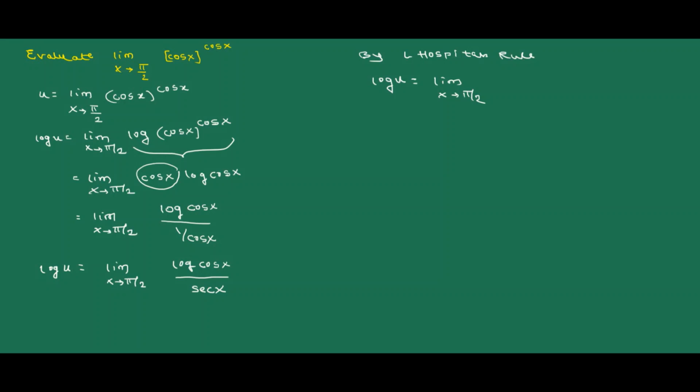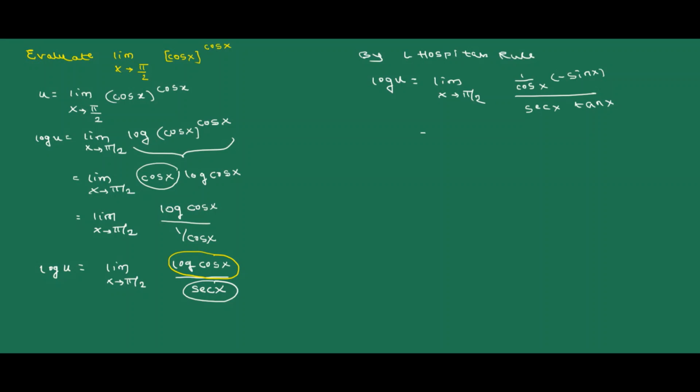What is differentiation of numerator log cos x? Differentiation of log cos x is 1 divided by cos x into differentiation of cos x is minus sin x, divided by what is differentiation of denominator sec x? Differentiation of denominator sec x is sec x into tan x.